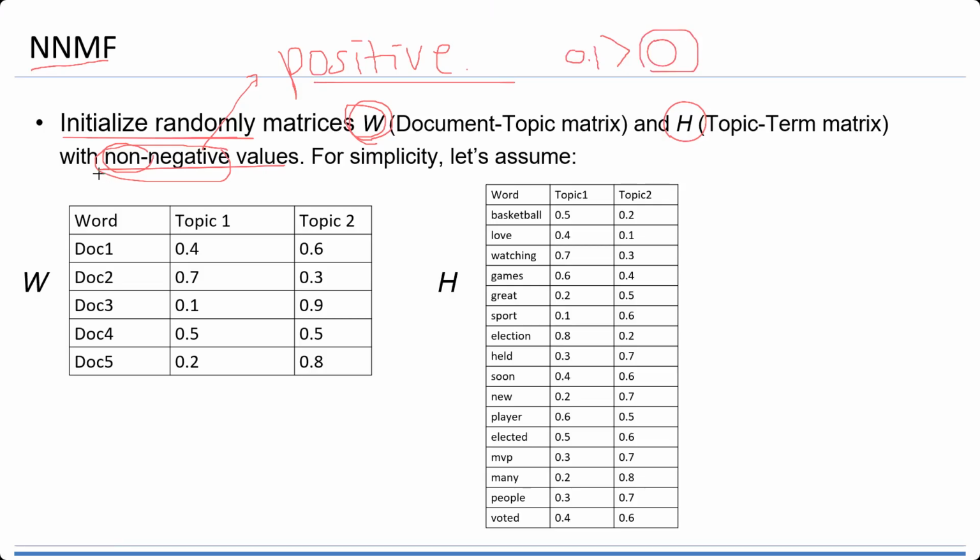That's why they mention non-negative. When we say non-negative, it means we can include 0 in the numbers. So in this document topic matrix, when we generate the W and when we generate the H, there is a possibility we can generate 0.